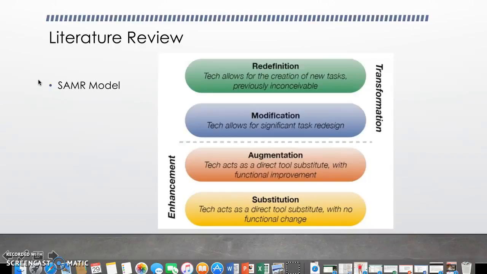Then followed by the augmentation. It is also a direct tool substitute, but there is functional improvement with the use of technology. Now, we are aiming to use technology at a higher level, which is at the modification and redefinition level, which allows the creation of new tasks that were previously inconceivable.